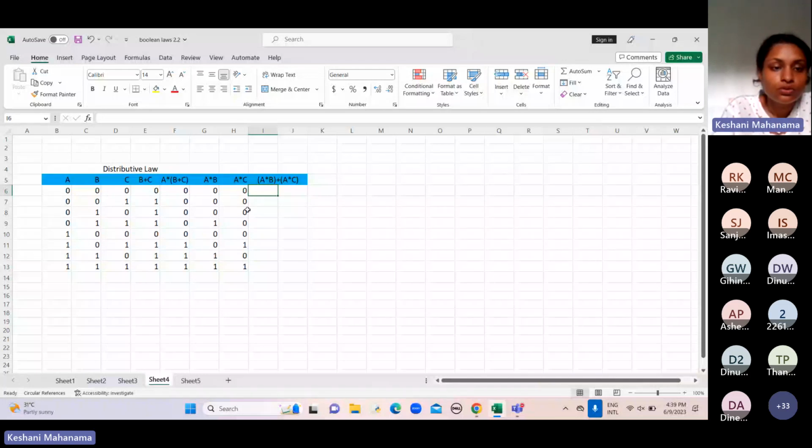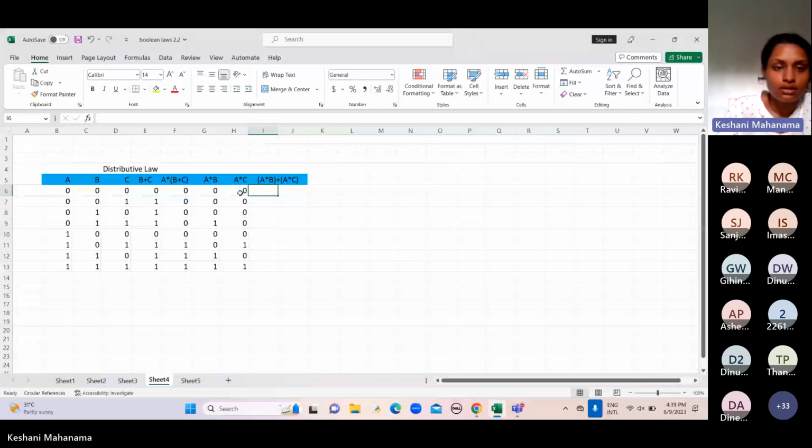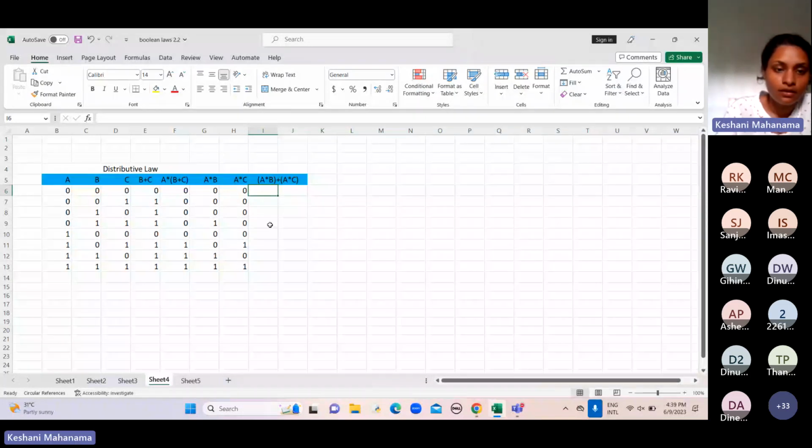Then to prove that this law is correct, I have to combine these two outputs by using an OR gate. So a into b and a into c go through an OR gate. It means if any value of the output is equal to 1, then the output should be 1. So here 0, 0, 0, 1, 0.